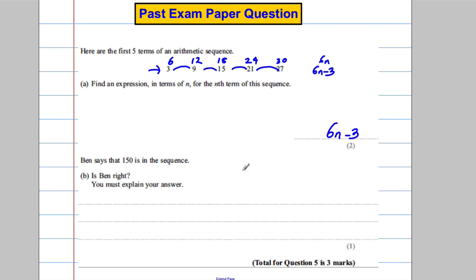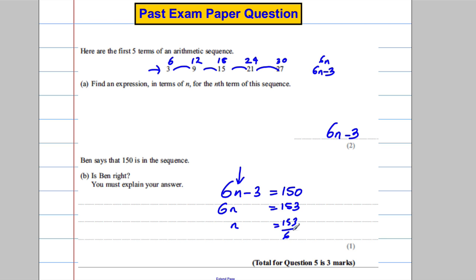6n subtract 3. Ben says 150 is in the sequence. Is he right? Well, if he was, 6n subtract 3 would be equal to 150, and we could find n, a whole number. Add 3 to both sides. 6n is therefore 153, and then n would be 153 divided by 6. And you could see if that is a whole number.